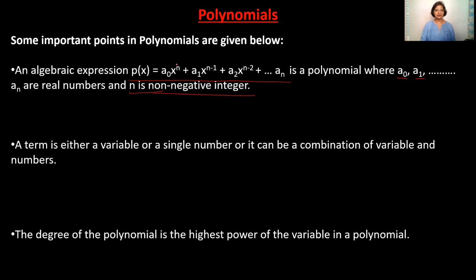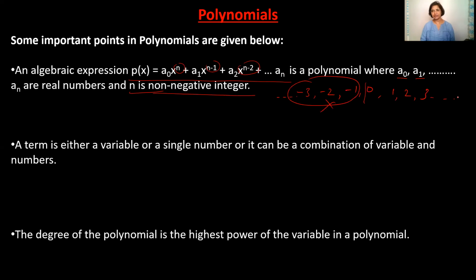So n is the exponent of the variable which you are using in that polynomial. That will be a non-negative integer. Non-negative integers means negative integers will not be there.